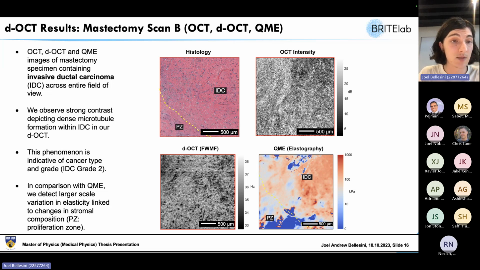What's interesting is that this phenomenon is indicative of cancer type and grade. So the fact that we can detect it in dynamic OCT shows that it is able to be used for detection of grade and cancer type.